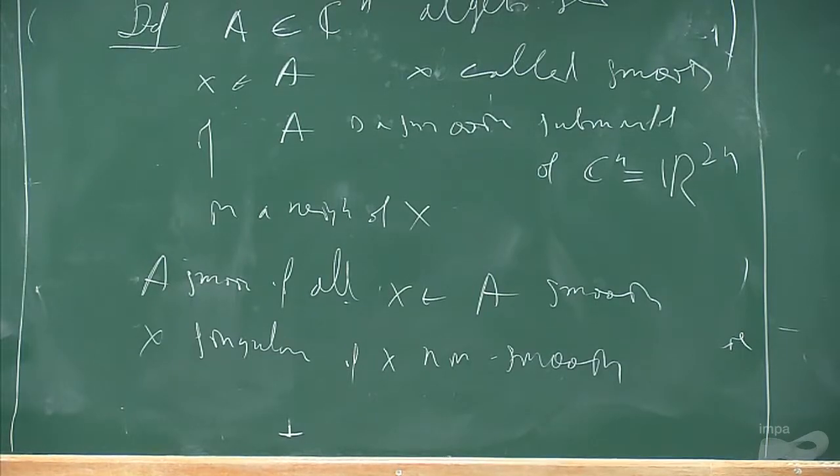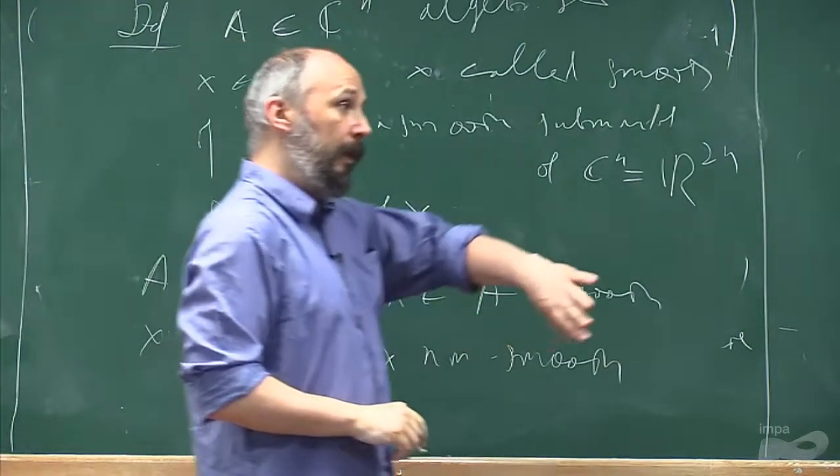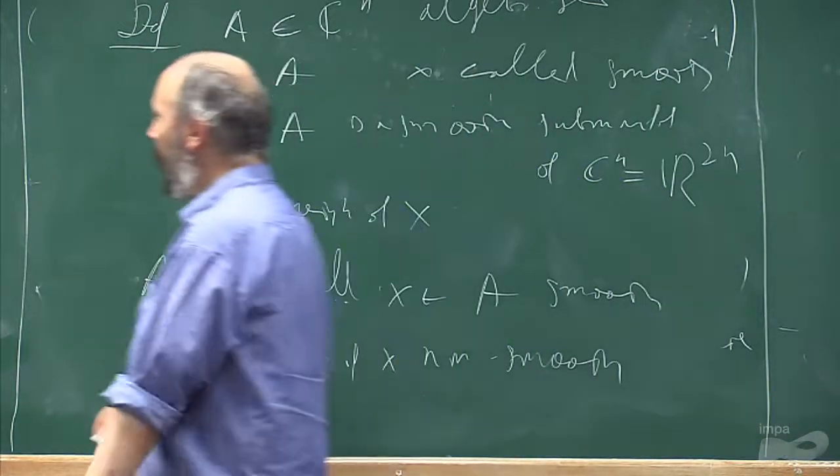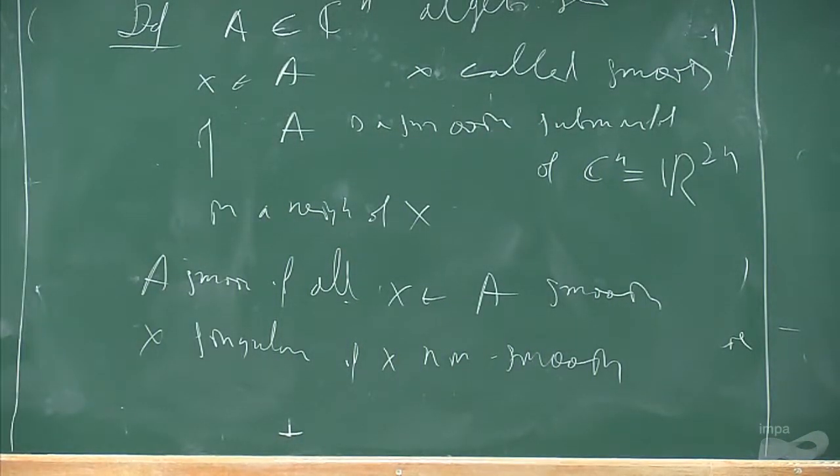Since we didn't start with the inverse function theorem, I will postpone the proof until we do it, but if you know it, you can just read the proof. So, proposition: you have x inside A, a smooth point.